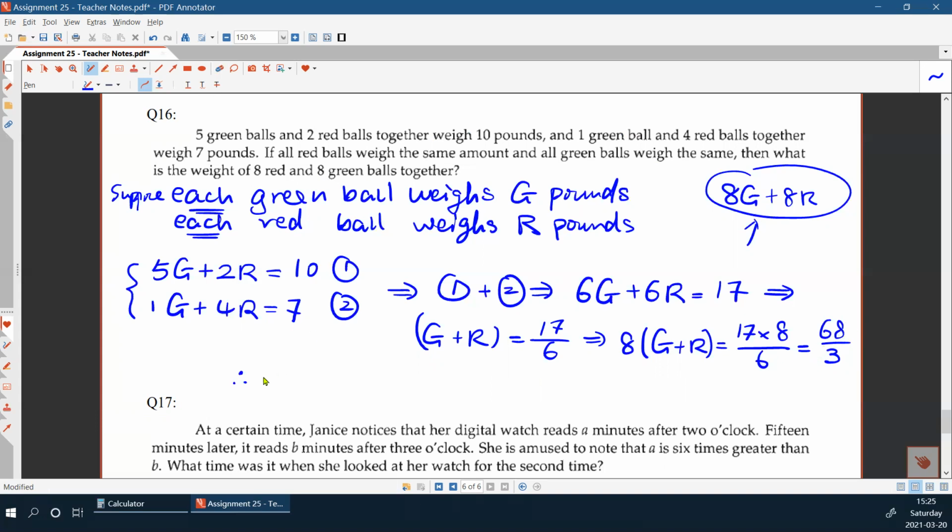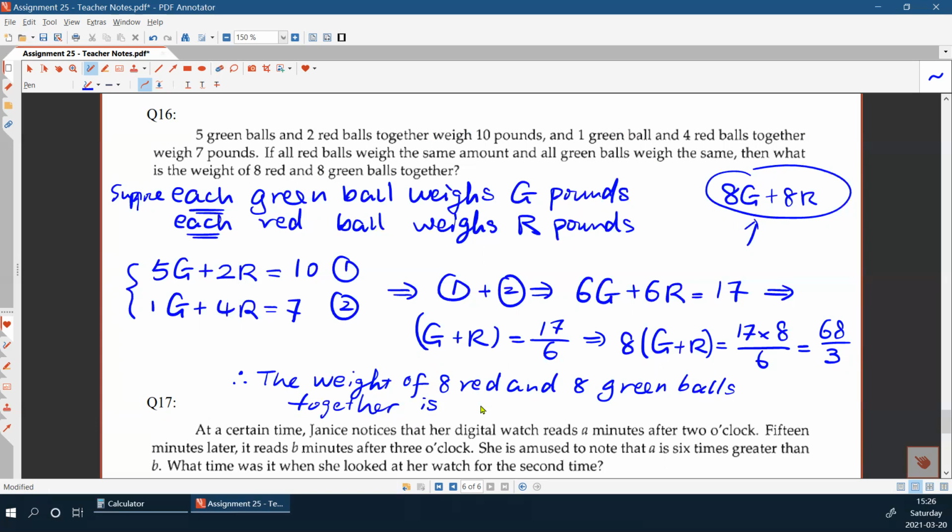So let's make the conclusion. The weight of 8 red and 8 green balls together is 68 over 3 pounds.